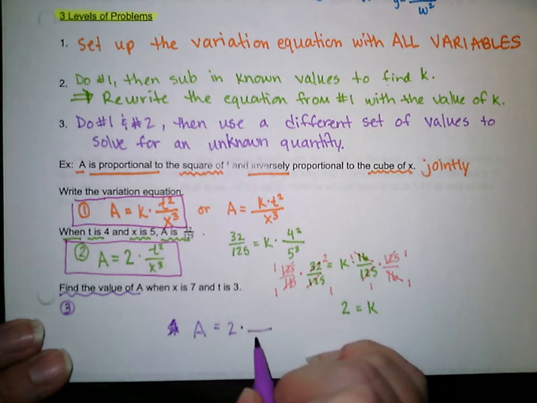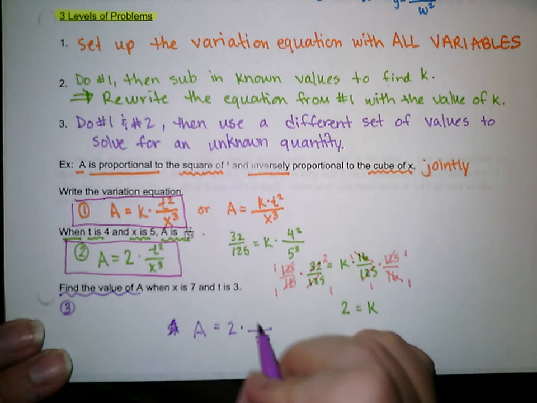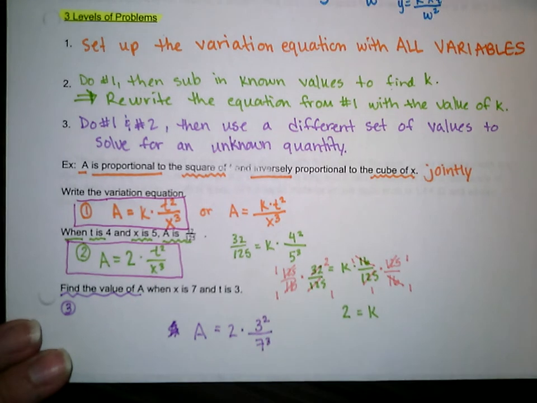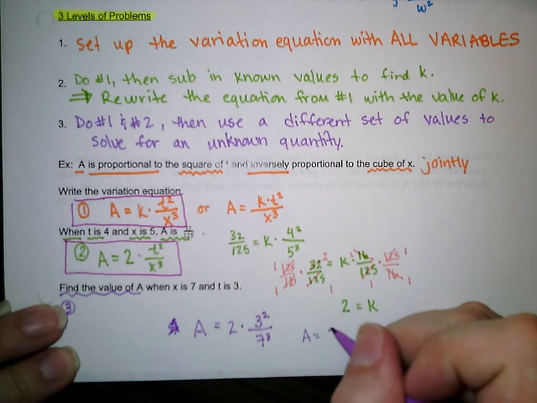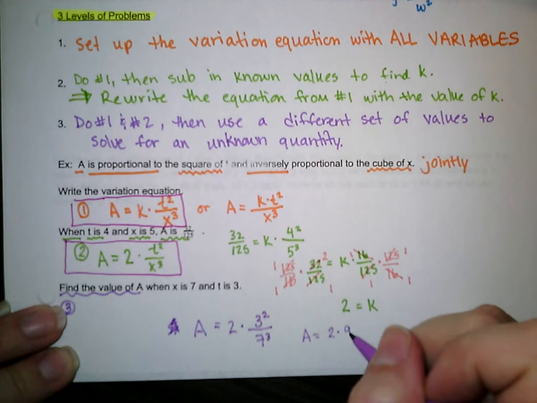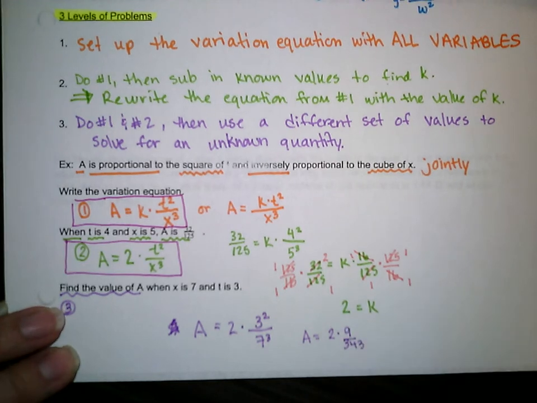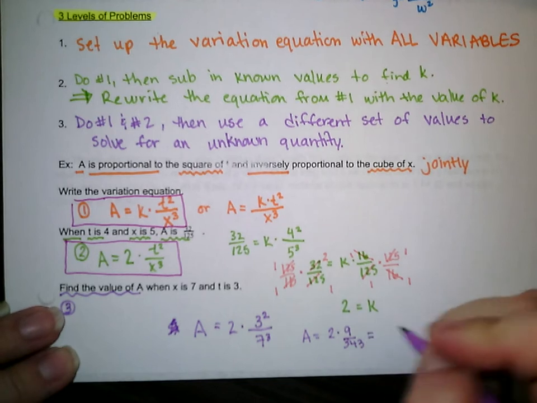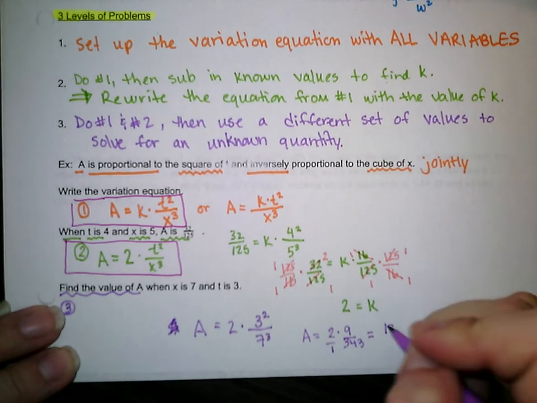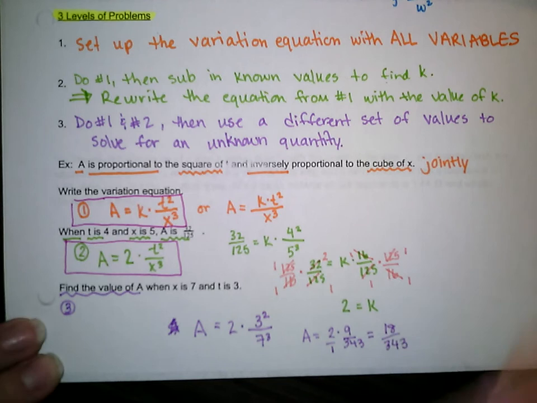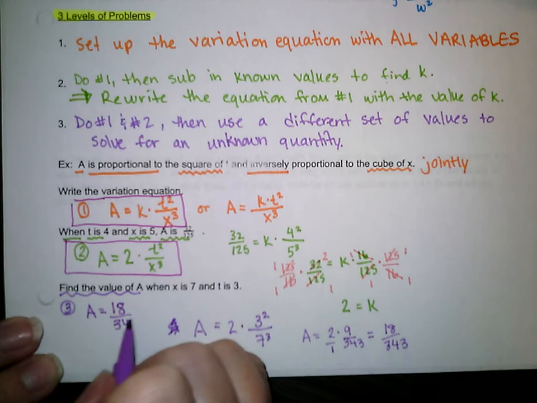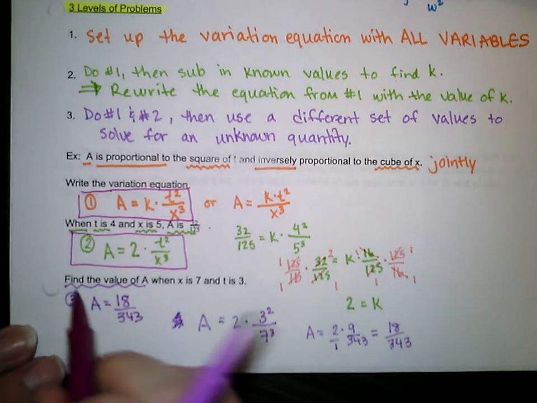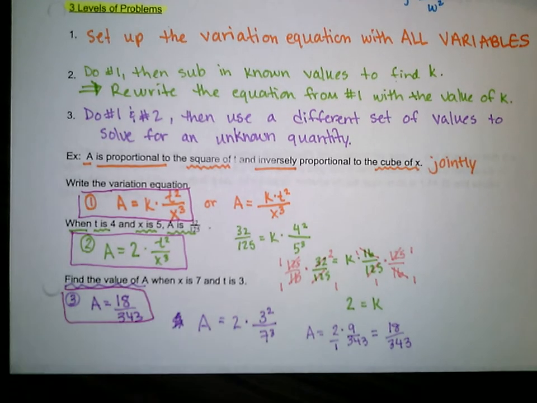So that would be a equals 2 times 9 over 343, which we would multiply straight across over 1, 18 over 343. So finding the value of a equals 18 over 343. And that's what a level 3 type of answer looks like.